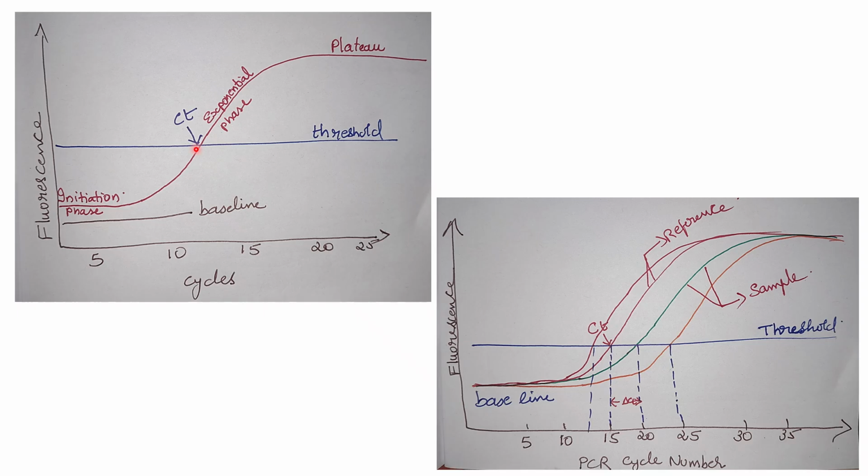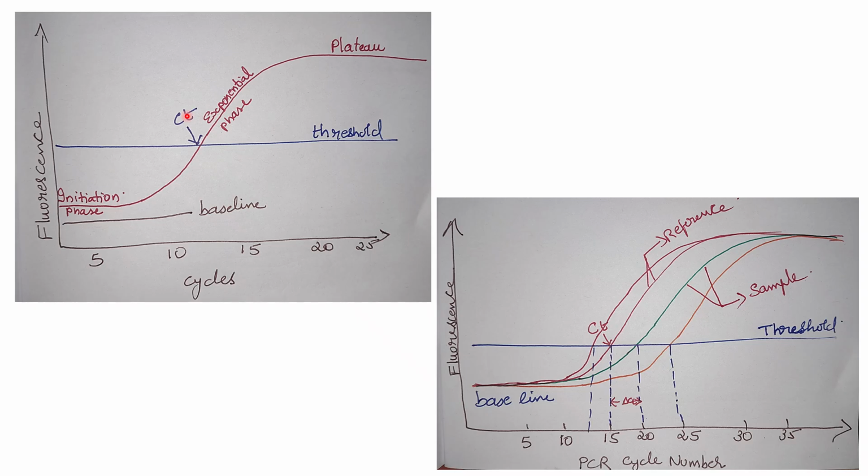So that is CT value, and one more thing I will tell you regarding CT value is that it is inversely proportional to the amount of target sequence in your sample. So if there is a high amount of target sequence in your sample, then at lower cycles itself you will get the signal.